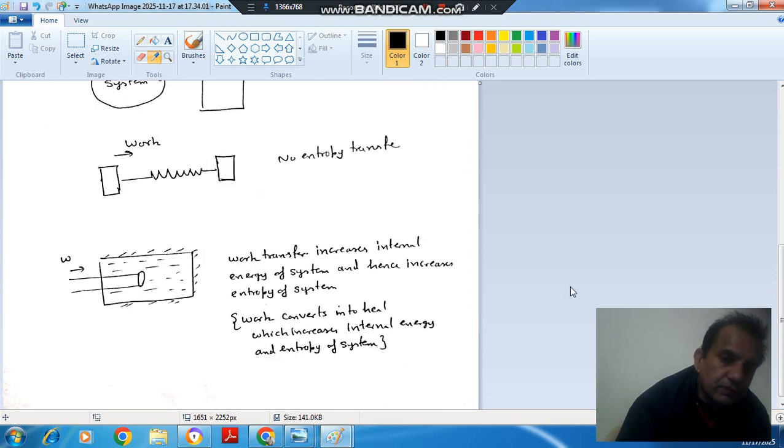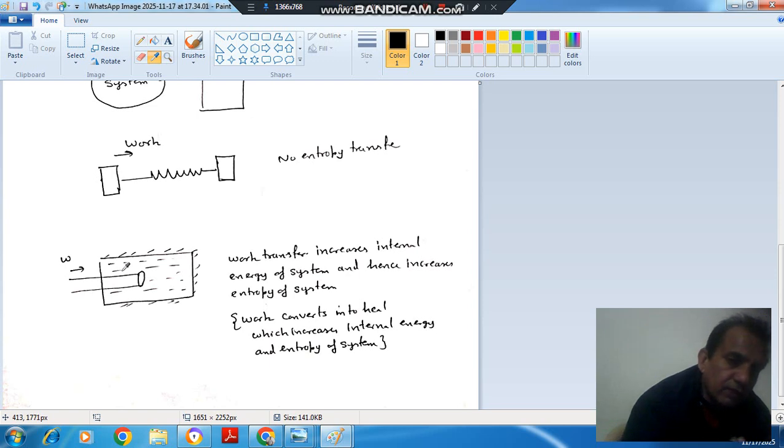Here the entropy transfer takes place. Here no entropy transfer takes place. So with the work, no entropy transfer. When work is converted into heat, that heat is causing entropy to increase for the system.